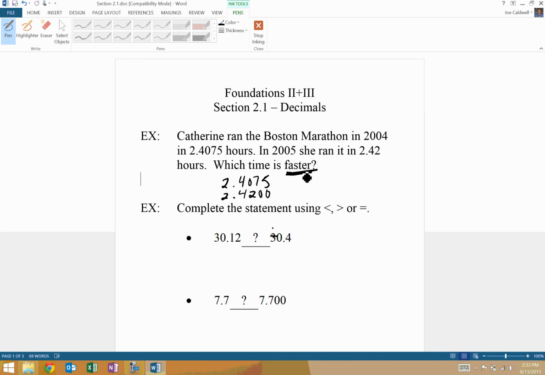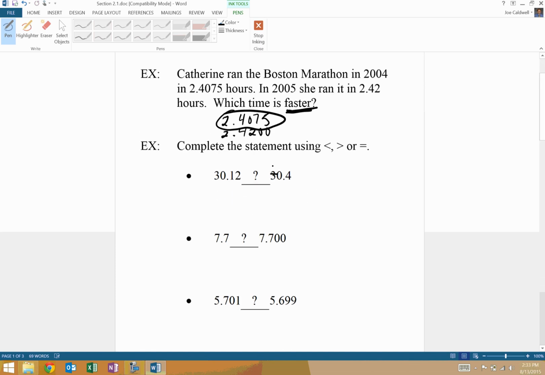Well, it would be 2.4075, because it's the smaller number. She ran it in a quicker time. 2.4075 is smaller because when you compare them, 0 is smaller than 2 in the same place value. So we're going to do the same thing, looking at some numbers here.